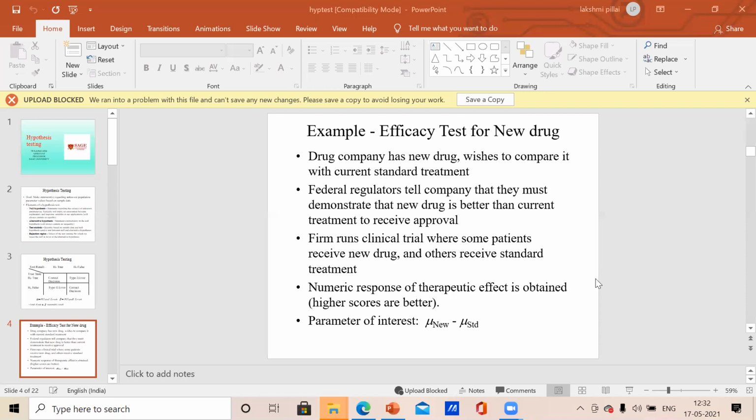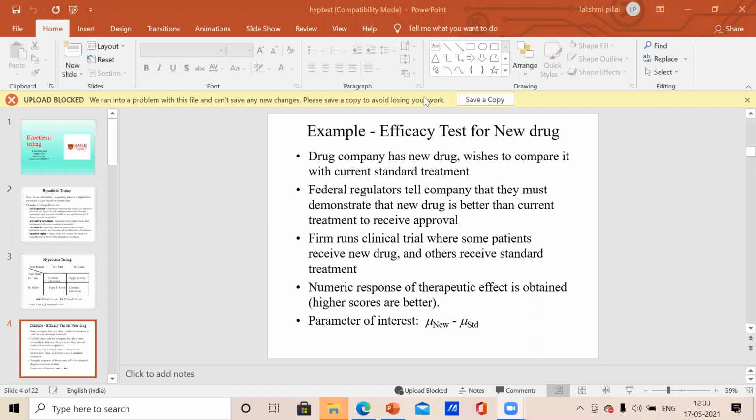The commonly used levels of significance in practice are 5%, 1%, and 10%. This is very important. The level of significance of 5% means alpha is 0.05.